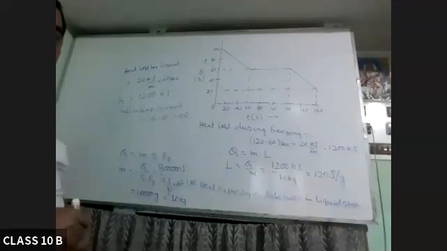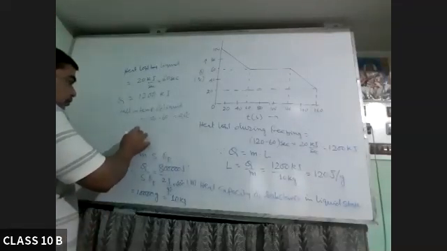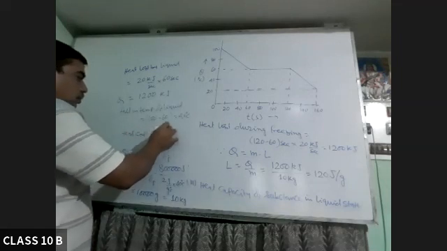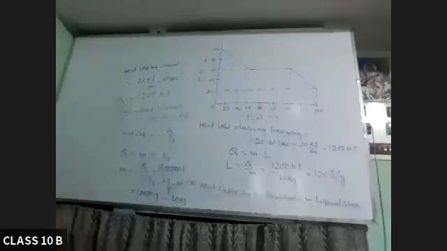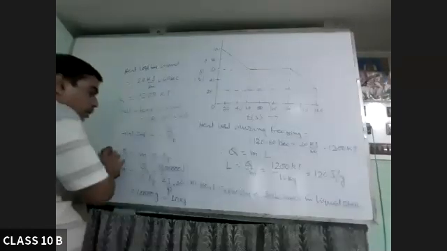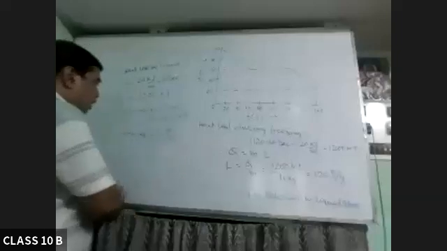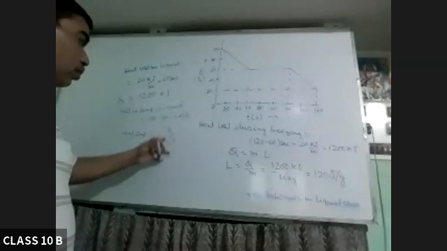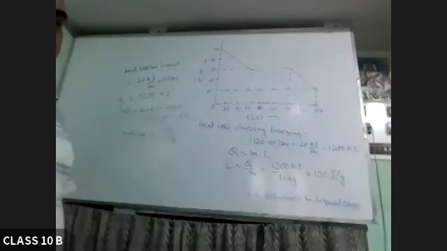So what will be the heat capacity? Q over fall in temperature, because heat loss is mass into specific heat capacity into change in temperature. As you are asked heat capacity, directly we will find heat capacity. If you are asked specific heat capacity, then Q over M will also come here.